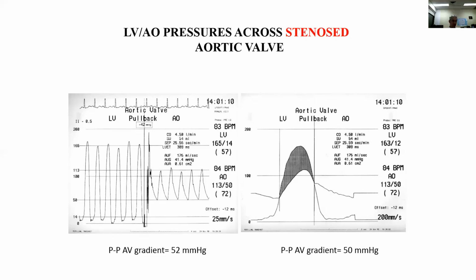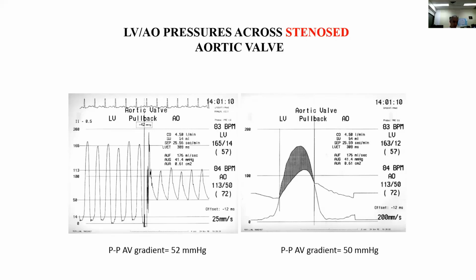So it develops a greater pressure over time. But when that valve is open, on the other side of that valve, the aortic pressure is the same. So that when the door is closed, the pressures are different. If the valve were normal, the pressures are the same.